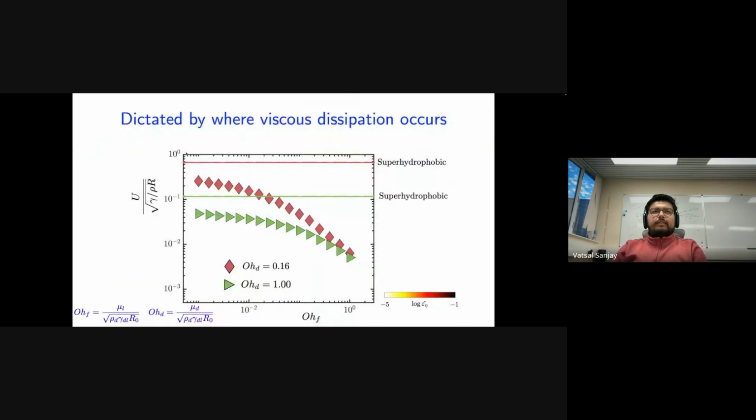So if we look at where the dissipation is, for the superhydrophobic cases it's all in the droplet and essentially negligible in the air. So there's no dissipation in the air. Whereas because of the presence of this film and these boundary layers over here, we have a case where there is a non-zero finite dissipation in the film, even in the limit when the Ohnesorge number goes towards zero.